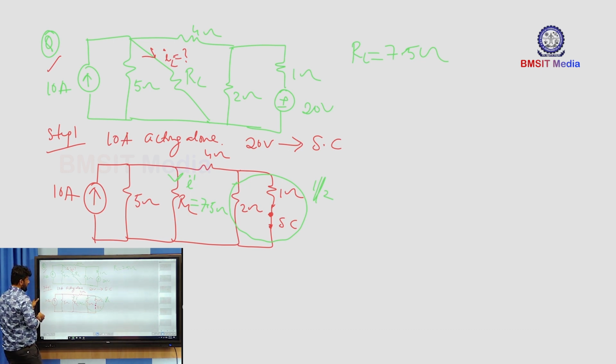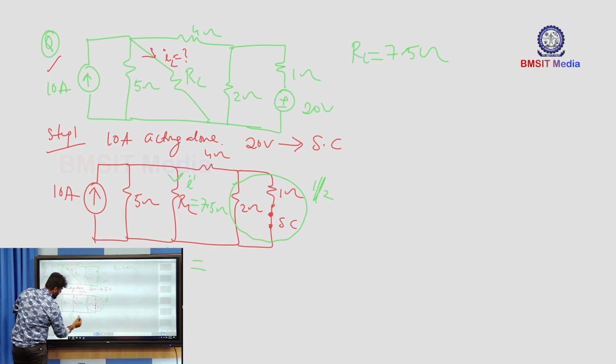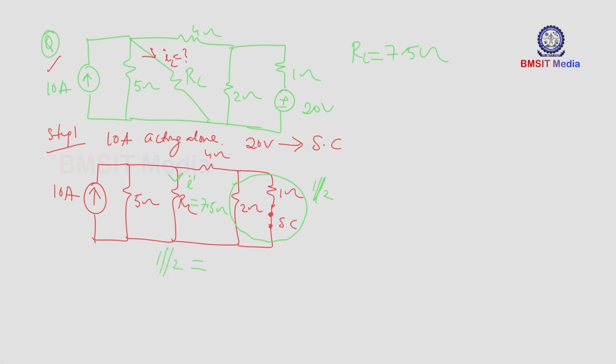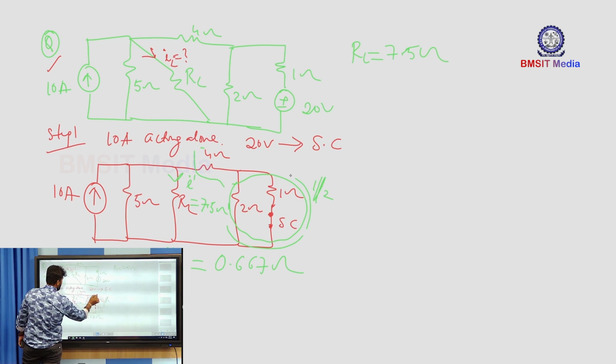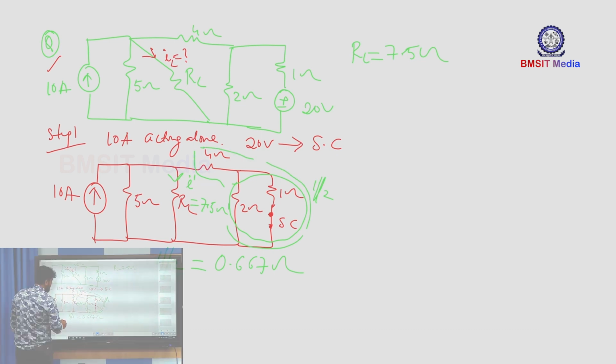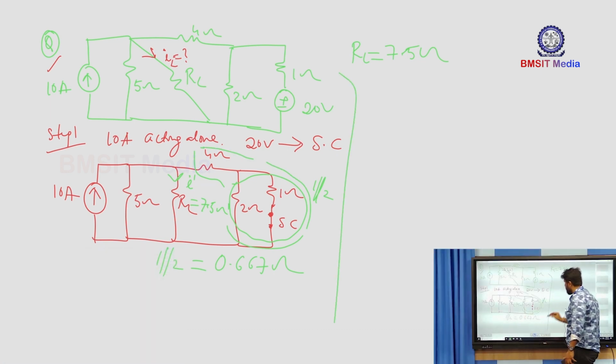To simplify this, 1 parallel with 2. What is the resultant I will get? The 1 parallel with 2 is 1 inverse plus 2 inverse, the whole inverse. So, you will get 0.667 ohm, and that resultant combination is in series with the 4 ohm resistance. So, you can write the simplified network once again here.